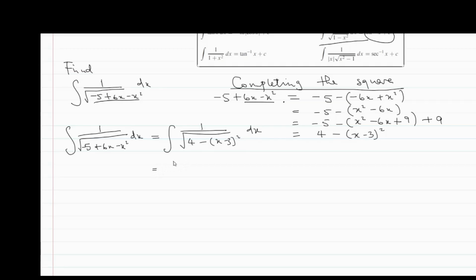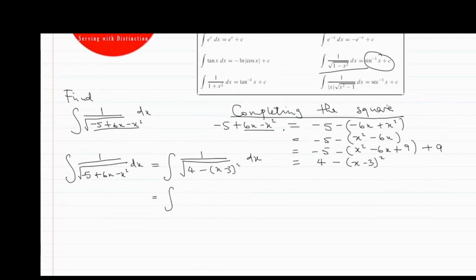Now if we compare this with our standard case here, we have the integral of 1 over root of 1 minus something. So we need to create a 1 here. We do that by factorizing a 4 out.